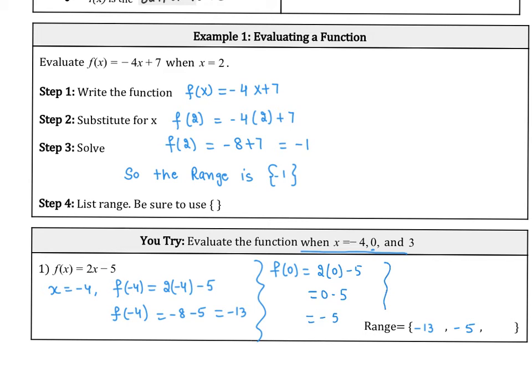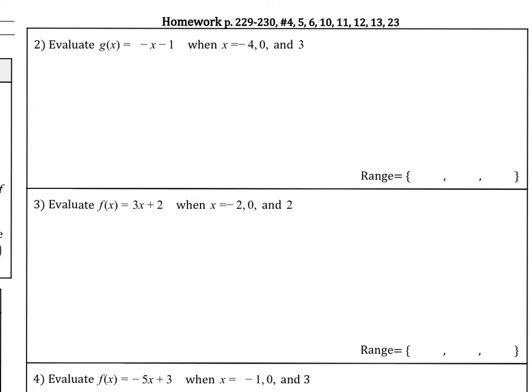And then the last is f(3). You find the value of the function when x = 3. That's 2 times 3 minus 5, which is 6 - 5, and that equals 1. Chapter 5.4, you try problem number 2. You're going to find g(x) when x equals -4, 0, and 3.